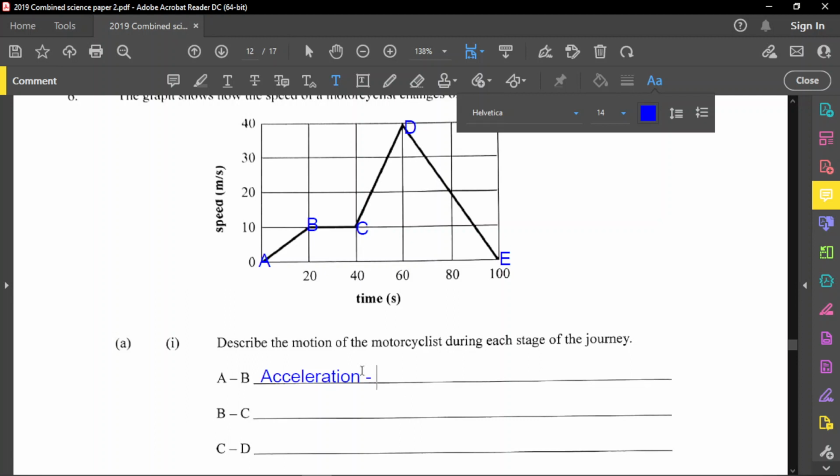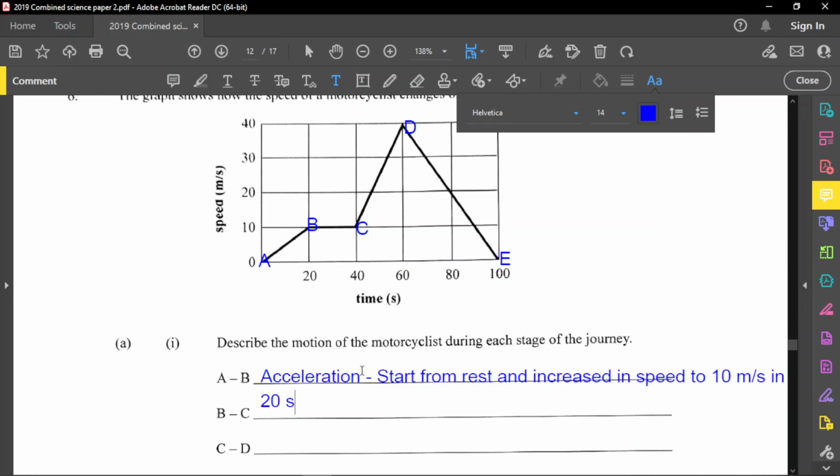So you can say it starts from rest and increases in speed to 10 meters per second in 20 seconds.